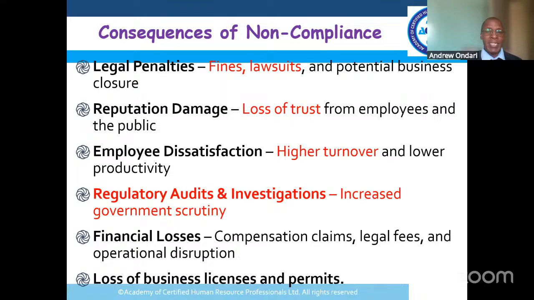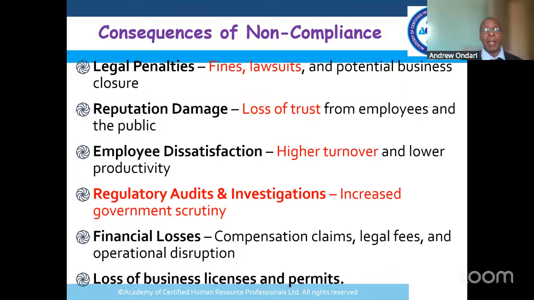Any business that is operating illegally should be closed. And the closures may arise from non-compliance. I know you know that in Kenya there are cases where organizations are closed for health and safety reasons.